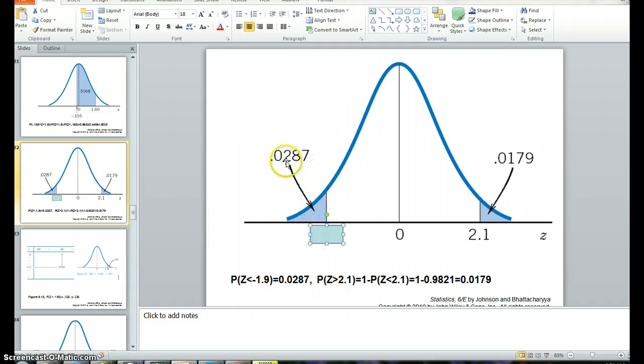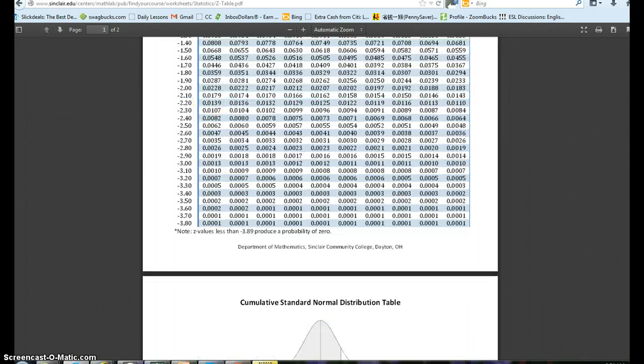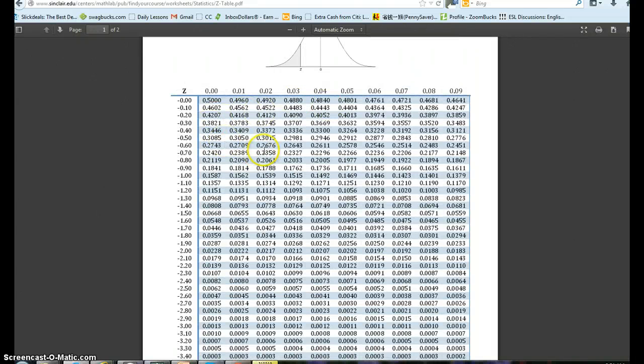So we go to the table and look inside the table to find 0.0287. One more time, this time we're going backwards. We're looking inside the table, find 0.0287, which is right here, and then what's the corresponding z-value? It's negative 1.90.